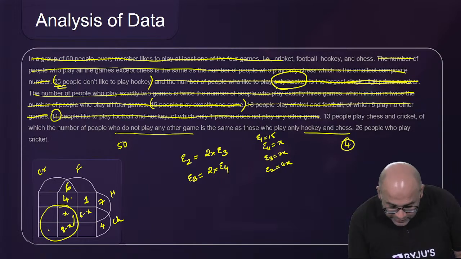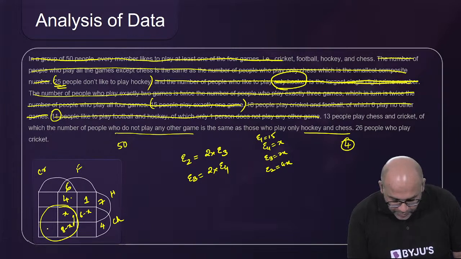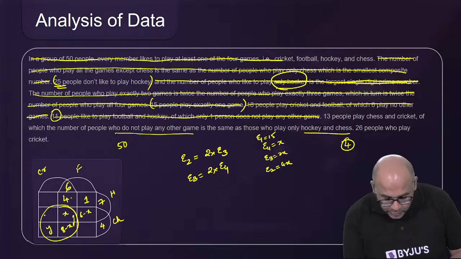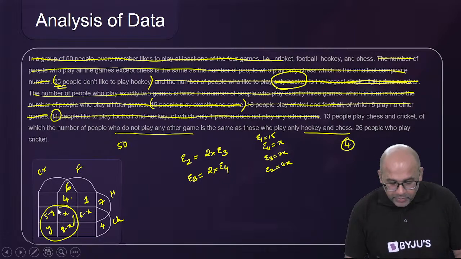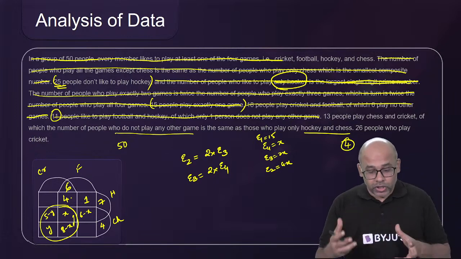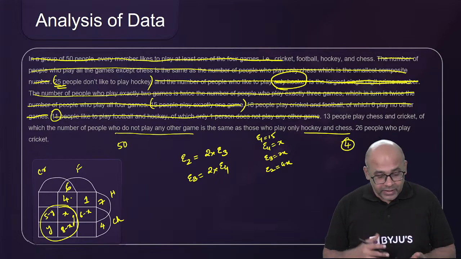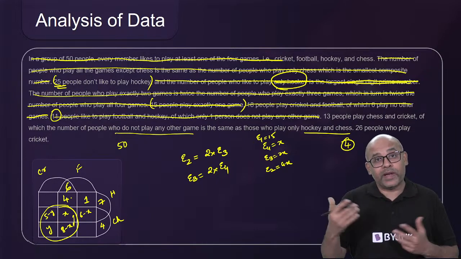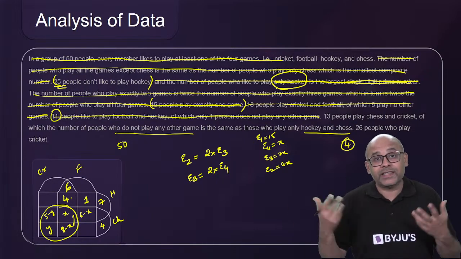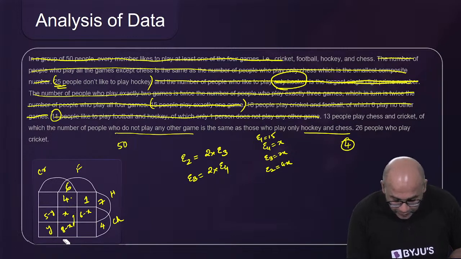Because we used X, let me use Y. If this is Y, then this should be 5 minus Y, because when I add these four blocks in the circle, the total should add up to 13. Is it adding up to 13? 8 plus 5 is 13, plus Y minus Y cancelled, plus X minus X is getting cancelled. Great. So we have this part taken care of.